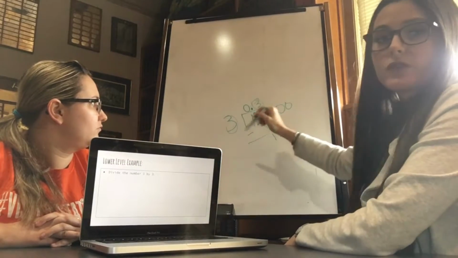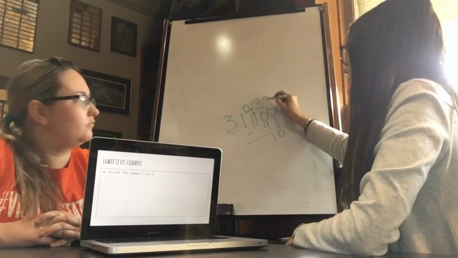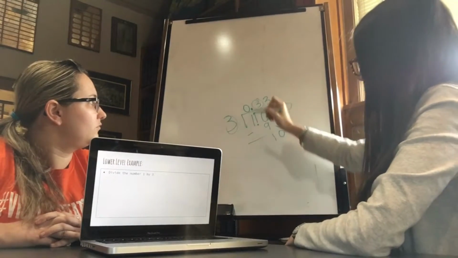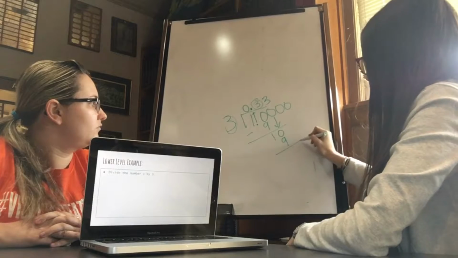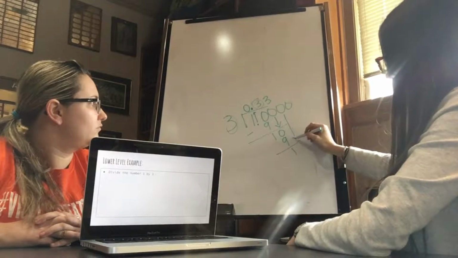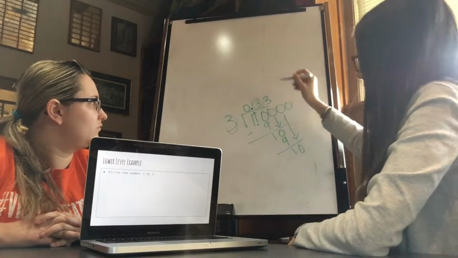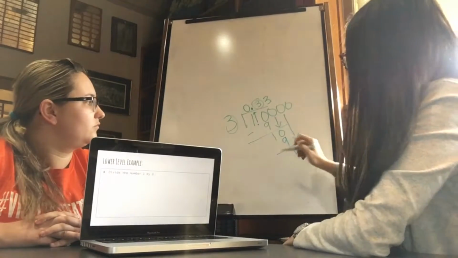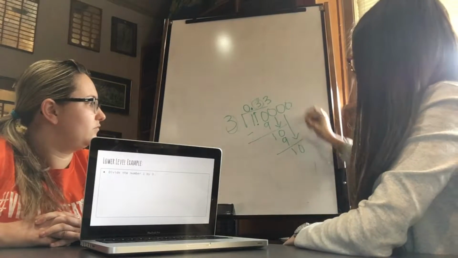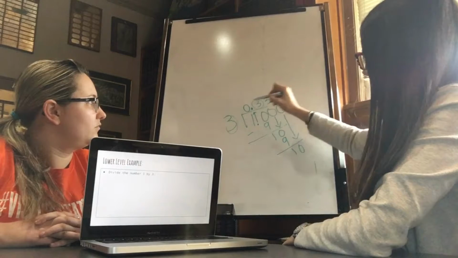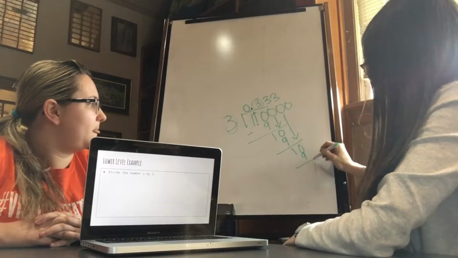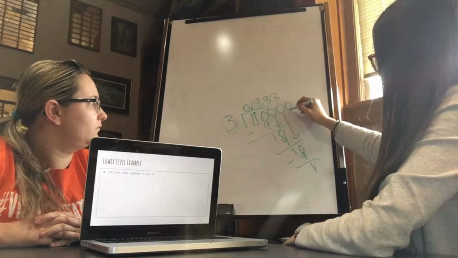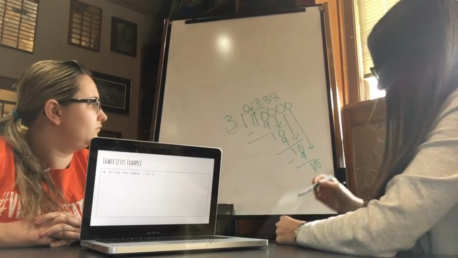So how many times can 3 go into 10? 3 times. 3 times 3 is 9. We get 1, and we always drag down. And we'll do it one last time. So 3 can go into 10 3 times. So 3 times 3 is 9. We subtract them, we get 1, and we carry down the 0.